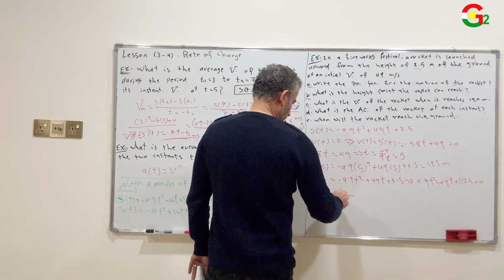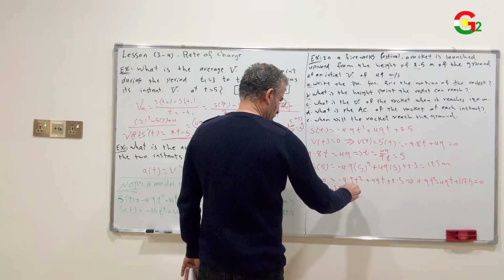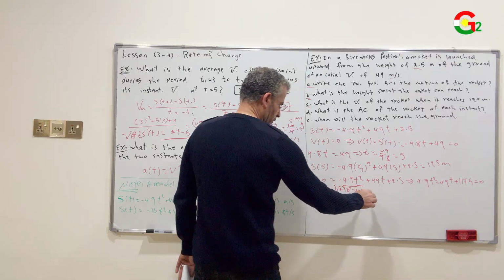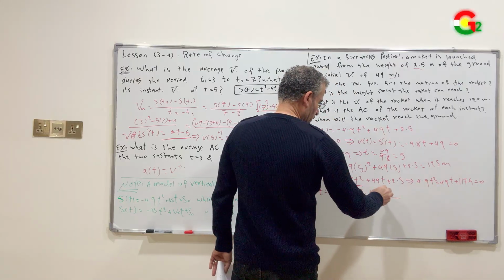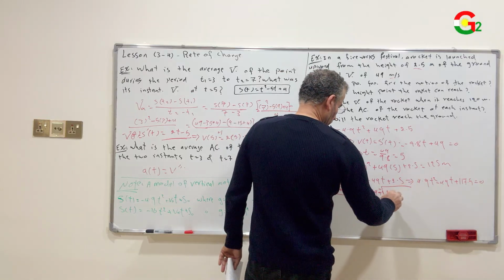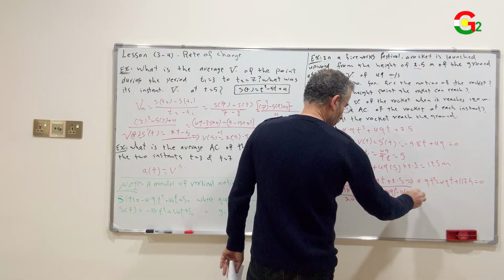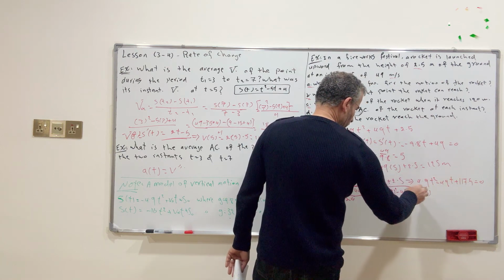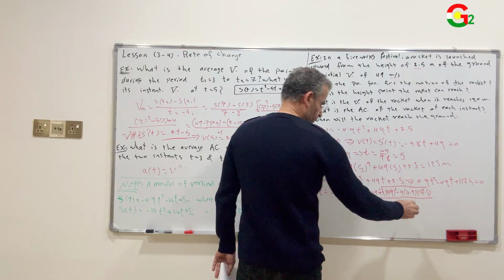t equals negative b plus or minus the square root of b squared minus 4ac, over 2a, equals negative b, negative 49, plus or minus the square root of 49 squared minus 4 times a, 4.9, times c, 117.5, over 2 times 4.9.